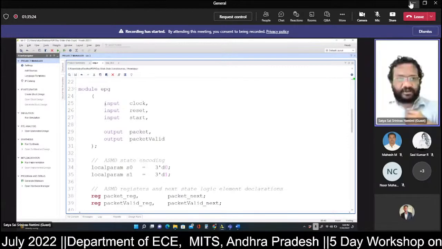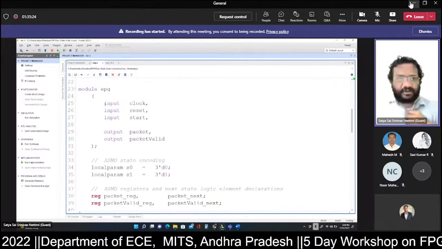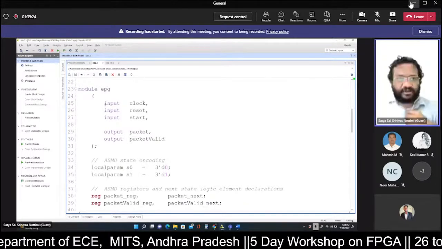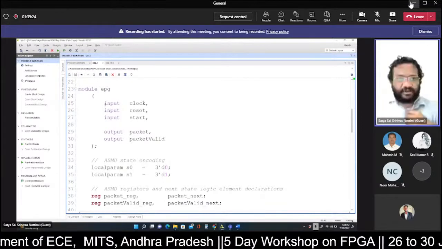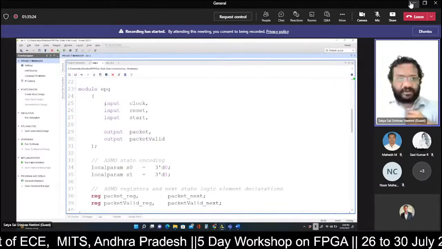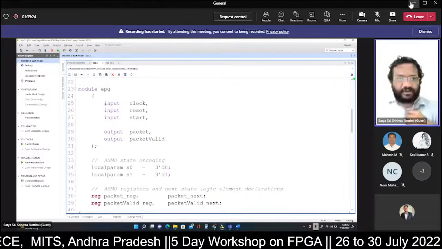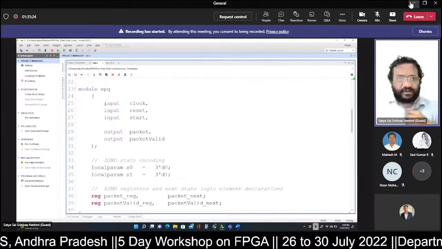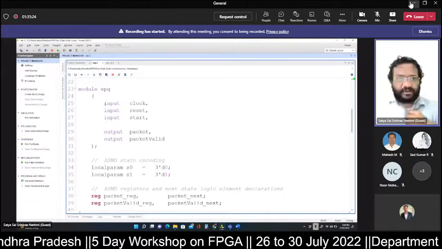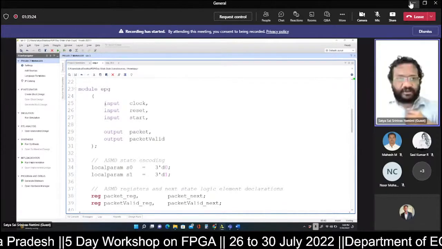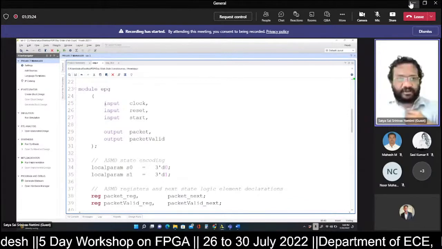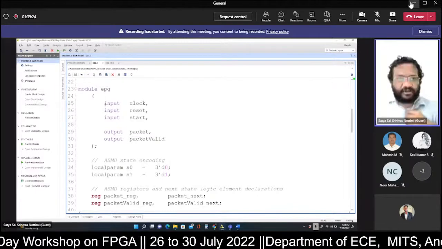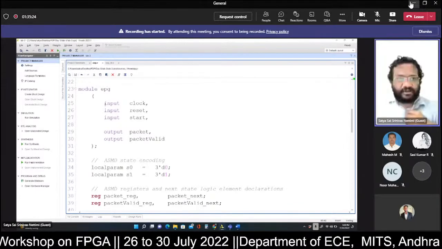It should be like this. Just rearrange them for a better illustration. And next, I will connect the test bench inputs to the partially designed module.